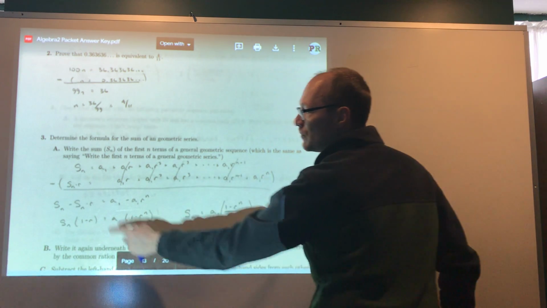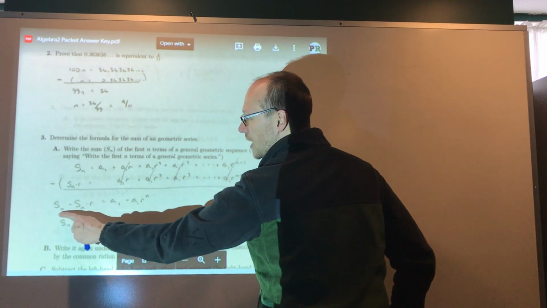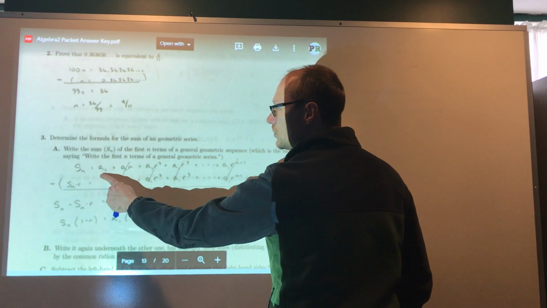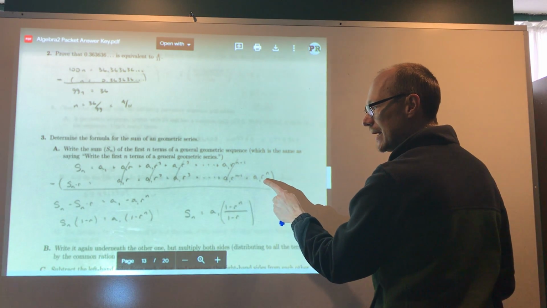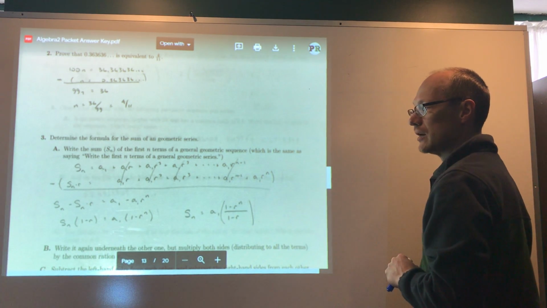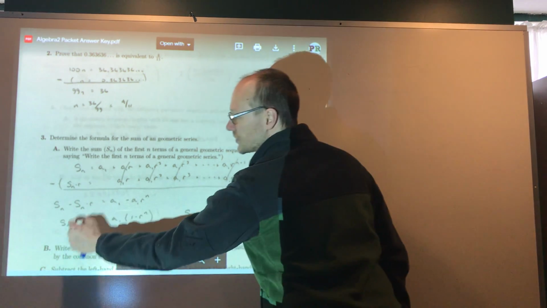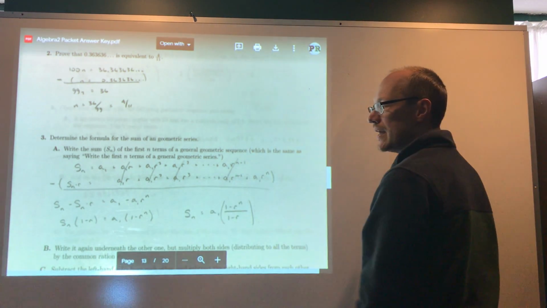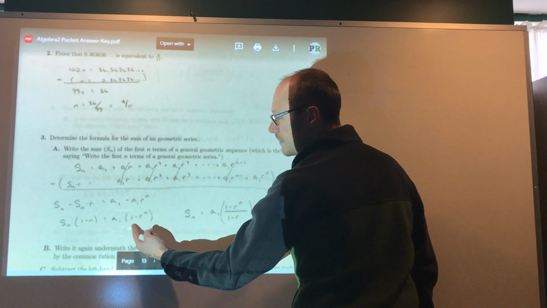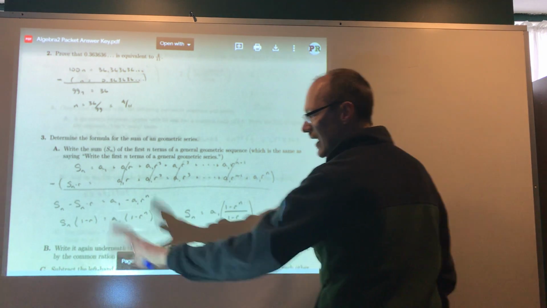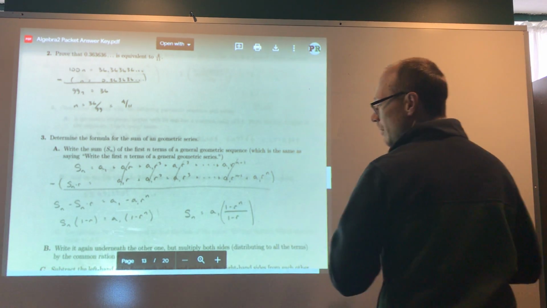Those all cancel out, and I'm left with Sn, the sum, minus the sum times r, equals a1 minus a1 times r to the n. Factor out the sum, leaving a 1 minus r. Factor out the a1, left with a 1 minus r to the n. Divide by 1 minus r, and I have this formula right there.